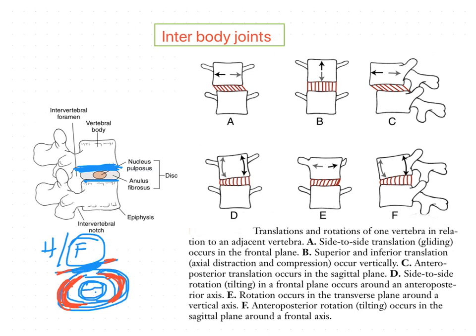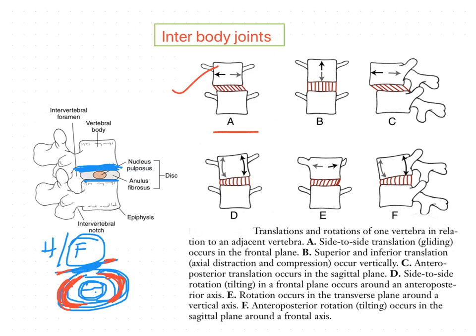Under normal conditions very little or no motion is present in such joints, but at the interbody joints we can find some little translations and rotations of one vertebra over the other. So what are the available movements at the interbody joints? It includes sliding.